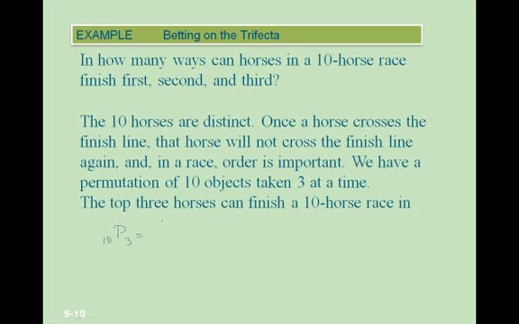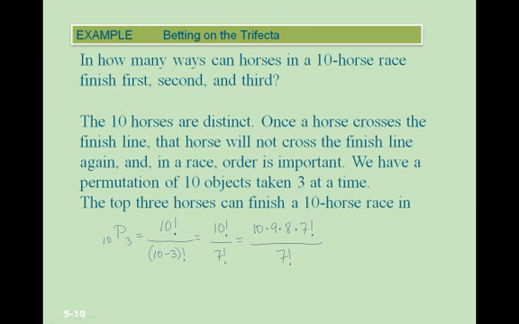So that would be equal to 10 factorial divided by 10 minus 3 factorial, or 10 factorial divided by 7 factorial. Remember with factorial that we're multiplying each digit by the ones below it. So we have 10 times 9 times 8 times 7 factorial divided by 7 factorial.